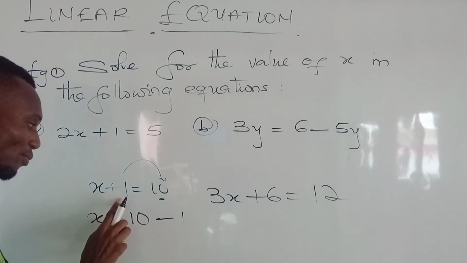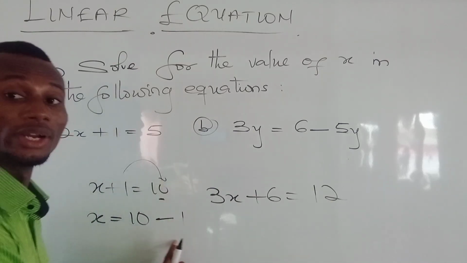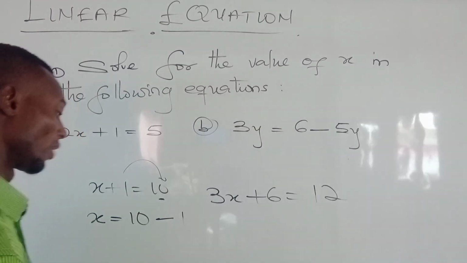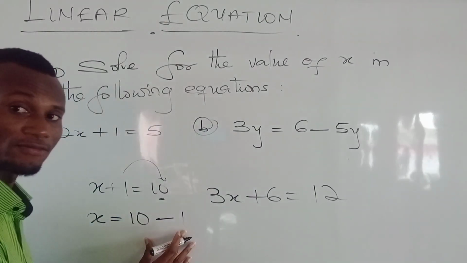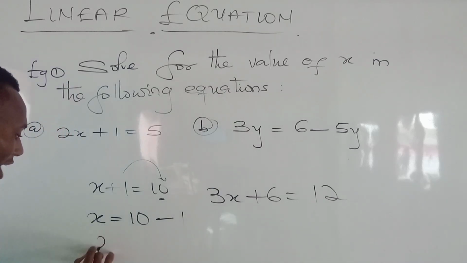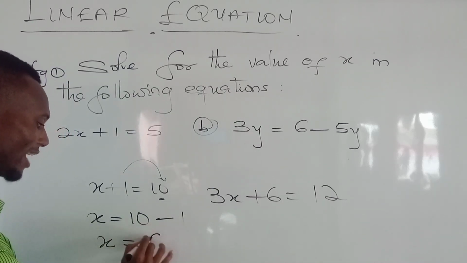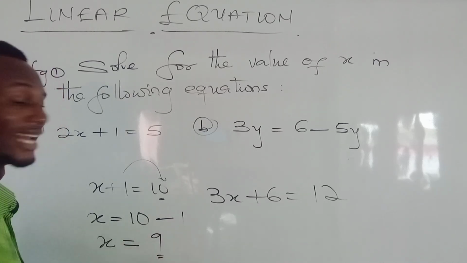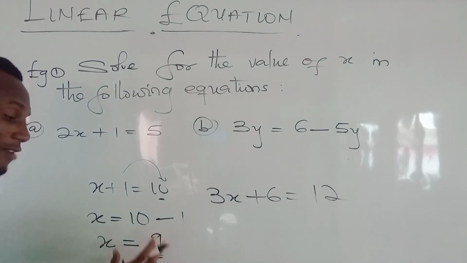The sign here is positive, it will change to negative because it crosses the equal sign. Now we can simplify because they are like terms: 10 minus 1. So repeat your s, bring your equal sign. 10 minus 1 is 9. So you can see that s equals 9. The value for s in this equation is 9.